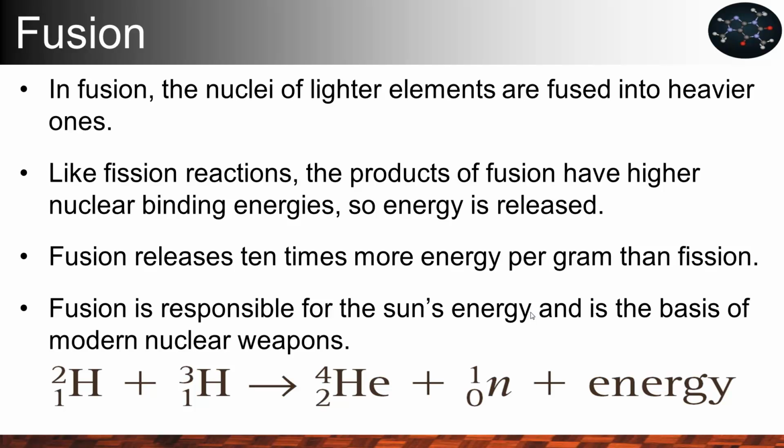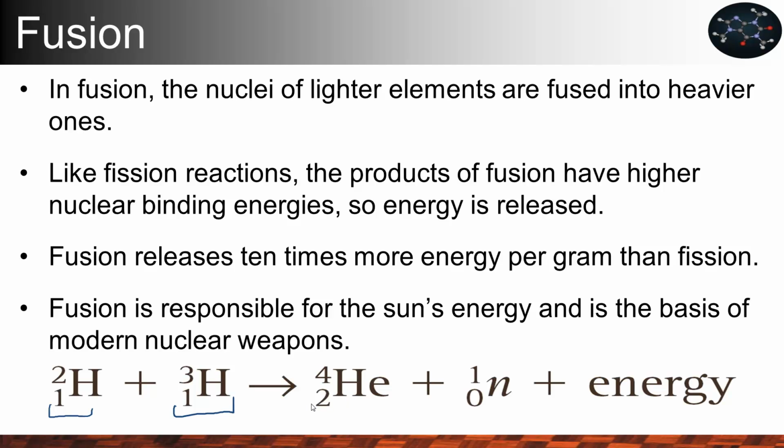Now, fusion has an even larger payoff in terms of energy. In this case, you take light elements such as hydrogen, specifically the isotopes of hydrogen that are a little bit more rare, like deuterium and tritium, which are just the 1 neutron and 2 neutron containing versions of hydrogen. You fuse them together by slamming them into each other hard enough, or compressing them, or adding enough energy to make this happen.